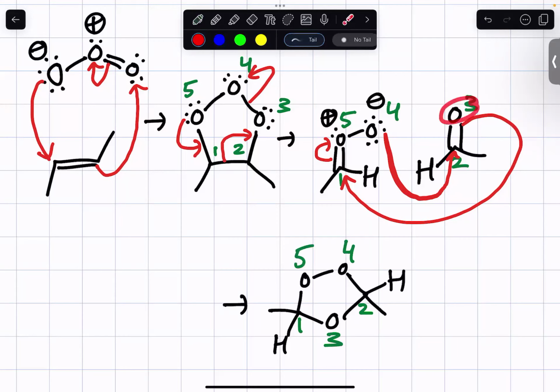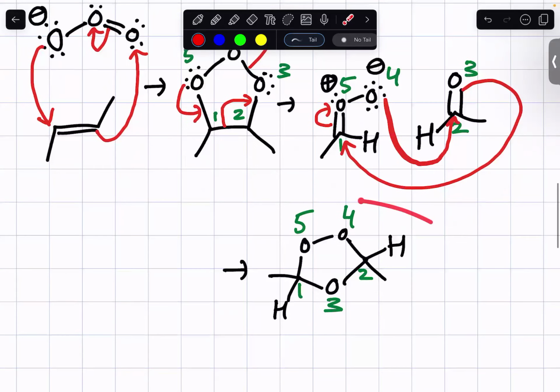This atom 3 here is attached to atom 1 now because that atom 3 made a new bond between those two right there. And atom 4 here, this oxygen minus, made a new bond with atom 2, which is that new bond right there. And then that's the end of the first step.